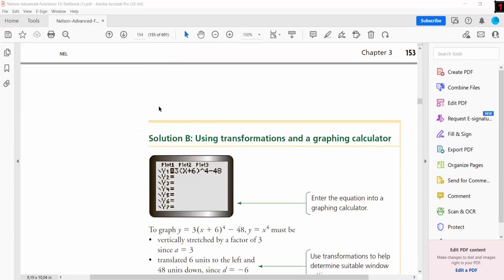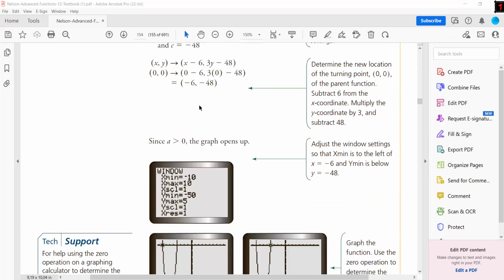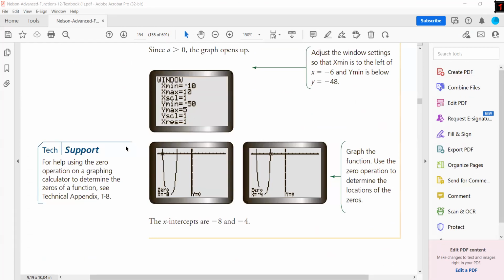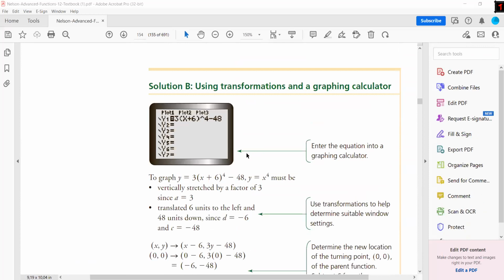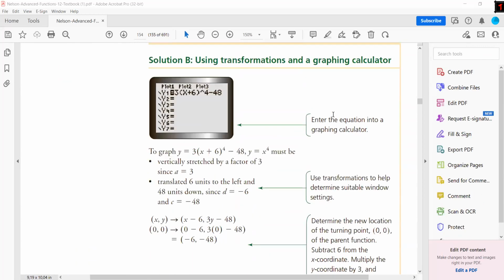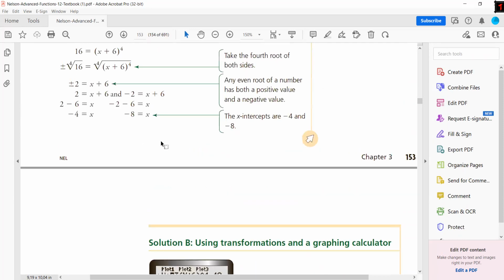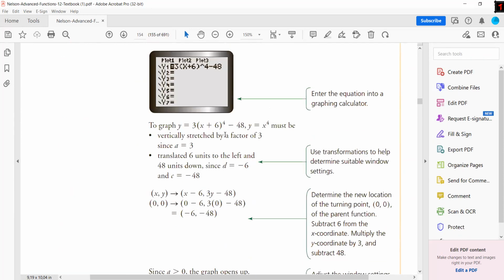I would like to skip this example B, where we use a graphing calculator. I don't really support that idea, but let's take a look at what they show us here. So we're using a graphing calculator, entering the equation into the graphing calculator. Then basically we define our transformations with respect to the parent function, right?